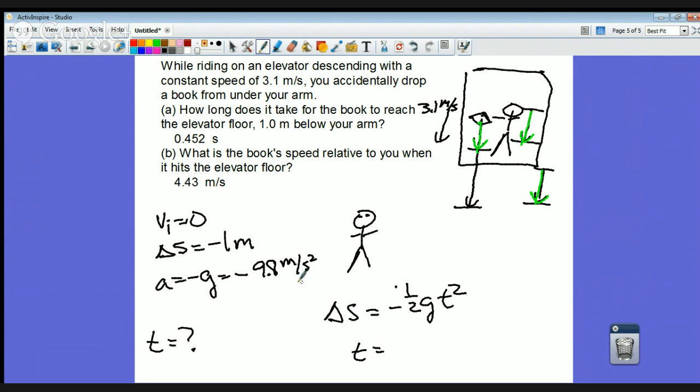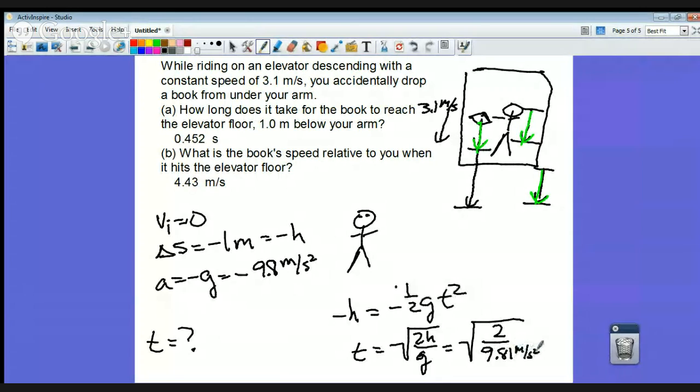So we're trying to find T. We can call the displacement -h, right? I like to work with the letters more. I don't like to write in the numbers until I really have to. So you can see the negatives are going to cancel, so T is the square root of 2h over g. So we've got the square root of 2 times 1, it's easy, it's 2, divided by g, that is 9.81 meters per second squared.